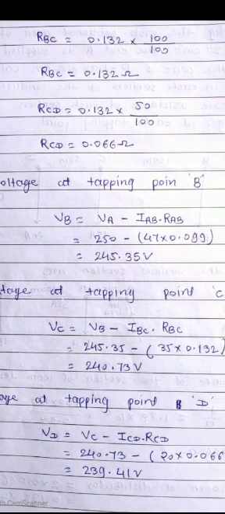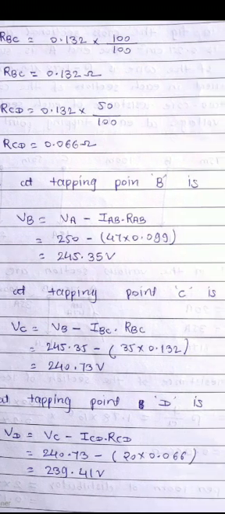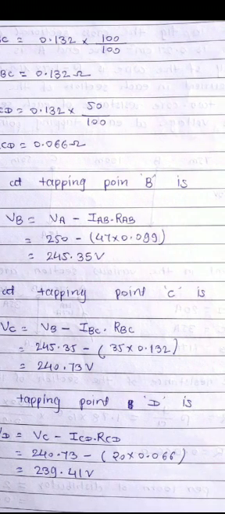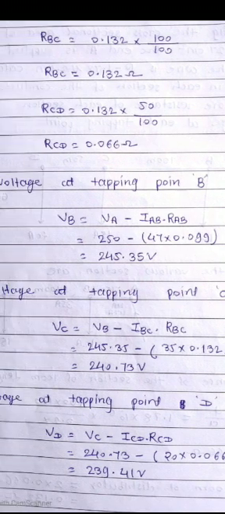Then the voltage at tapping point C is VC equal to VB minus IBC into RBC. Putting in the values, 245.35 minus 35 into 0.132, it becomes 240.73 volt.